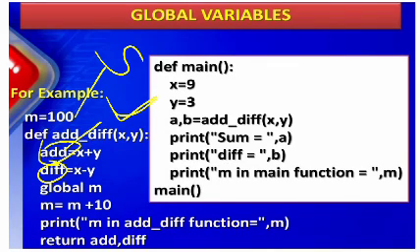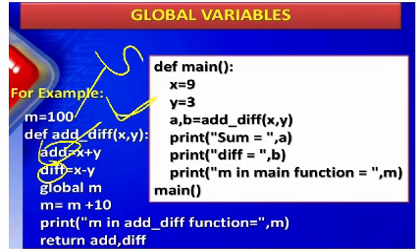Here m contains the value 100. The user defined function add_difference(x, y) has two formal arguments, and add calculates the sum x plus y and difference calculates x minus y.